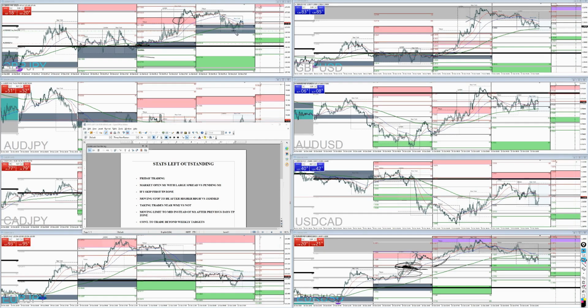Price actually came down through it, half of the spread went through it and did not trigger my trade. So I want to explore having my pending order maybe just a little bit higher. That way anything that comes through and comes really close to my M2 will trigger my entry. So I want to take a look at the pros and cons of the difference between capturing those trades and missing those trades.